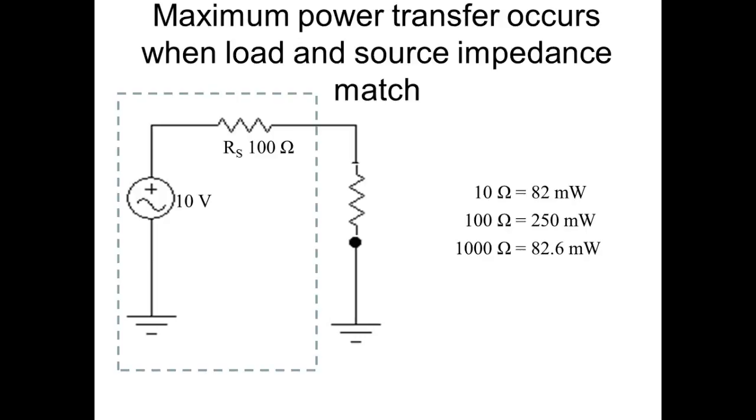But in communications cables, these are high impedance loads, right? We don't want much current to flow in that because that would require a lot of power. What you've got to understand is impedance is set at a certain frequency. So the impedance of the cable is given at a certain frequency, usually 1,000 hertz. So a 75 ohm cable would have 75 ohms at 1,000 hertz.